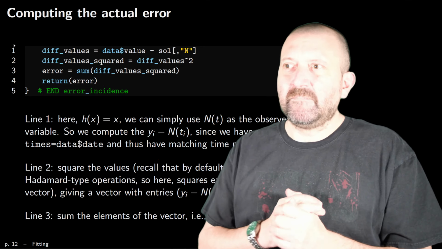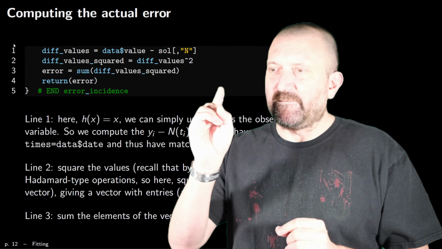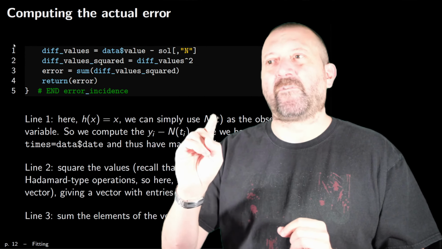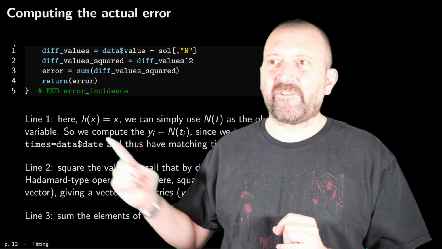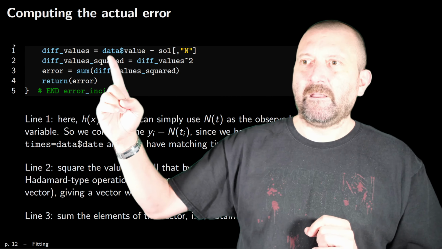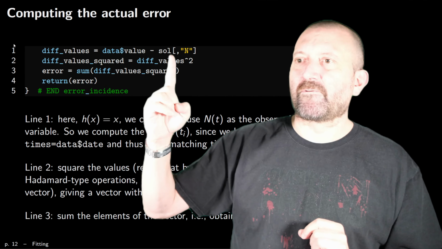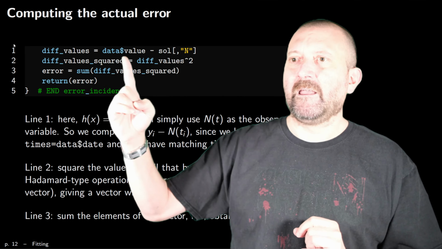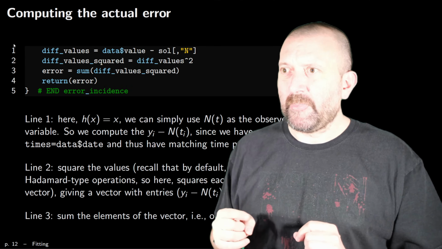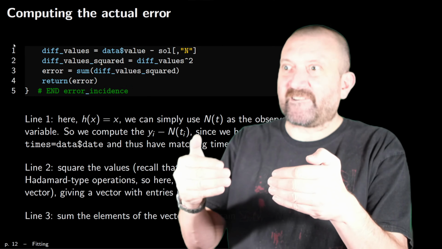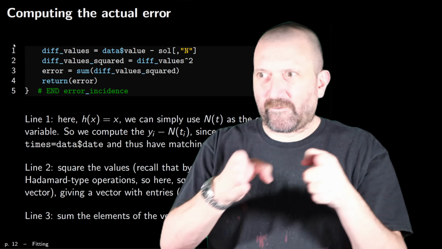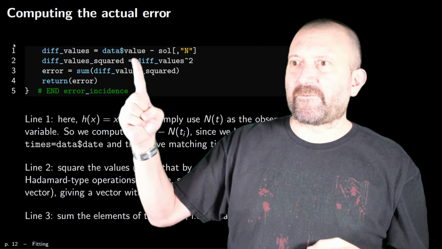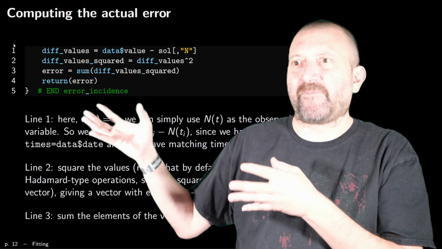Now, to compute the error, because I've specified that my ODE output is at the same times as the data points, all I need to do is this. When I compute the difference between the solution that I've generated with my ODE and my values in the data, I know the time points match. So the two vectors of solution and of data are aligned in terms of the times. By computing the difference, I don't need to think about what times they're generated at.